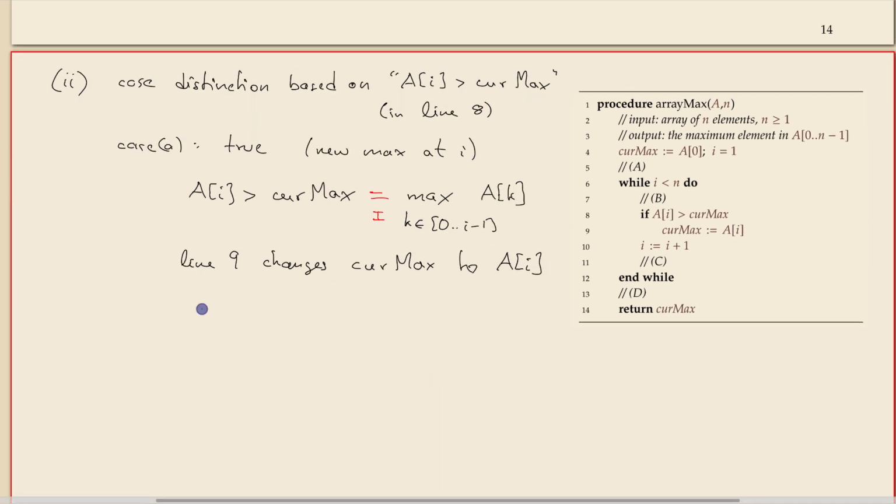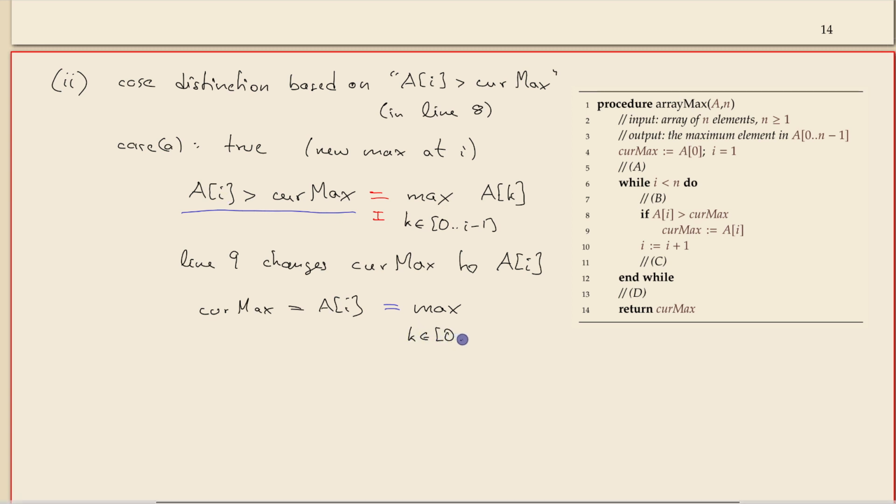And that means current max now is A[i], but that is nothing but the maximum up to the next position, because we know from this part that the last entry is the largest, so I can go from k between 0 and including i. And I know the maximum will actually be the last element, which is A[i].